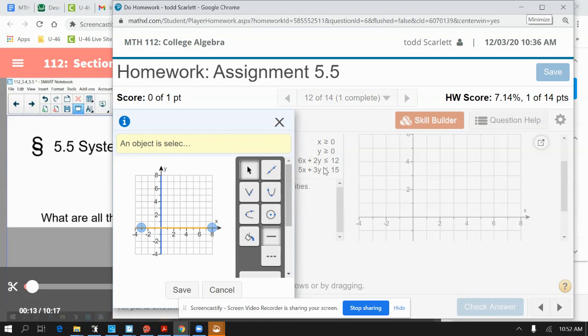Now I've got 2 lines to graph, and they're both will be used for y, finding the intercepts. You could solve for y and graph that way, but I'm going to do the intercepts. So when y is 0, the x would have to be 2, because 6 times 2 is 12. So that's the ordered pair 2, 0. When x is 0, y would have to be 6, because 2 times 6 is 12.